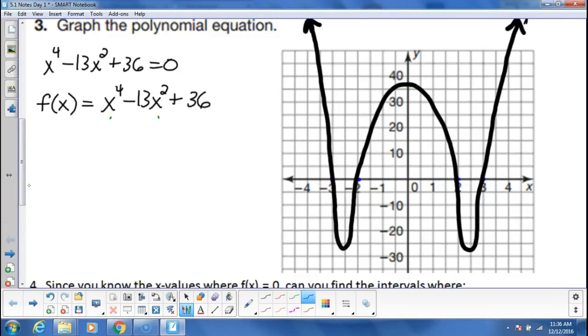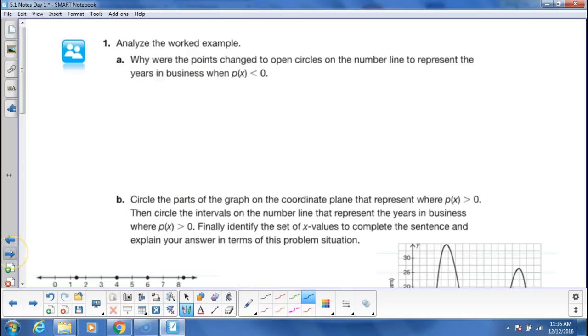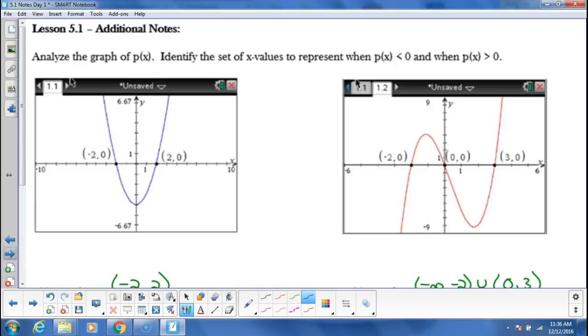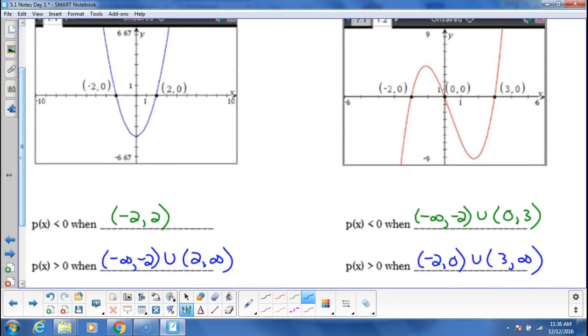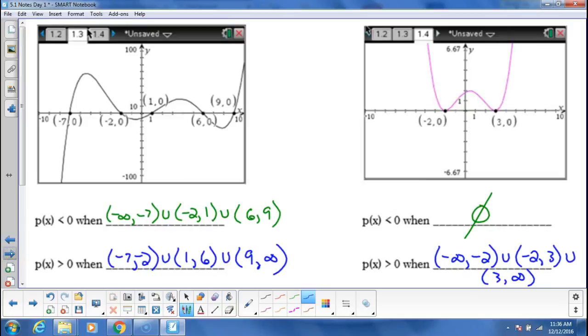Where you've got a factor, find the zeros, then using your graphical knowledge of degrees and lead coefficients and all that stuff, find where the graph goes. And then, after you make the graph, it's asking you, when is it above the x-axis? When is it below the x-axis? When is it above the x-axis? When is it below the x-axis?